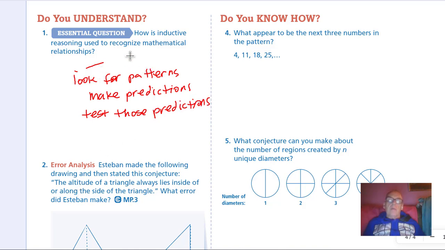So we're looking for patterns. We're making educated guesses based on the patterns. And then we're testing the predictions to see if they work. And if it works, then we have good inductive reasoning. If they don't work, we modify it and we keep trying.